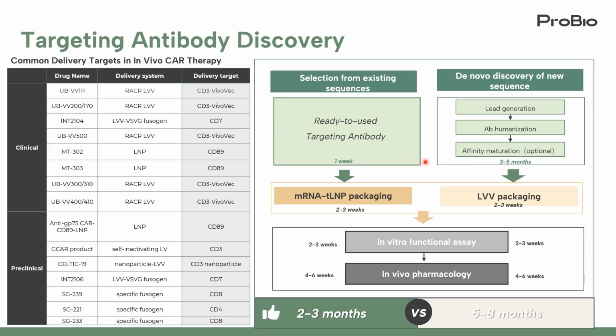The general process of de novo discovery for the T cell targeting antibody is pretty much the same as the CAR lead antibodies as we previously discussed. So now let's focus on the ready-to-use approach.